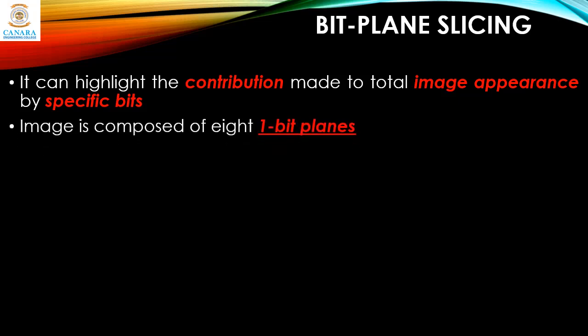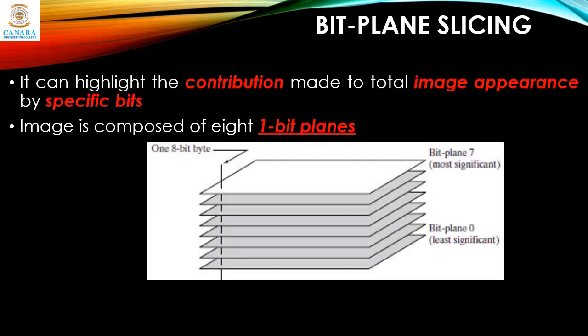Basically we can break down the 8-bit image into 8 1-bit planes. You can have 8 1-bit planes in a grayscale image with 8 bits per pixel, like this one. So this is the 0th bit, which is least significant, and this is the 7th bit, which is the most significant.